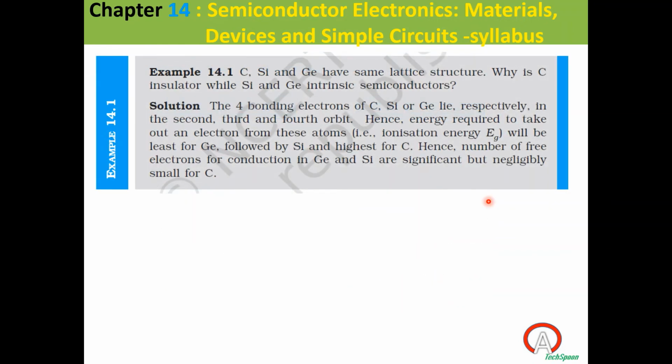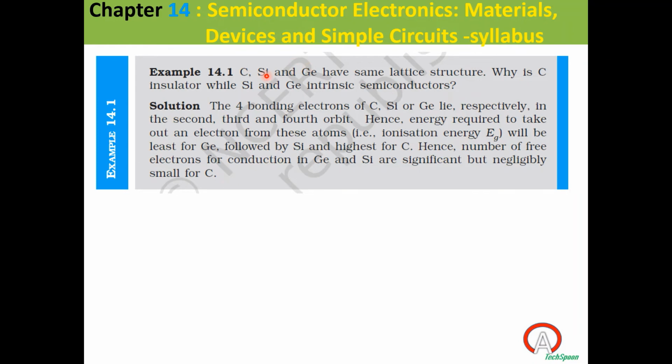Let me ask one question. This is a question in your textbook. We discussed intrinsic; now we are going to the extrinsic semiconductor explanation, but before that you have to understand one question. Carbon, silicon, and germanium have the same lattice structure. Lattice structure means the minimum distance between the atoms is almost equal.